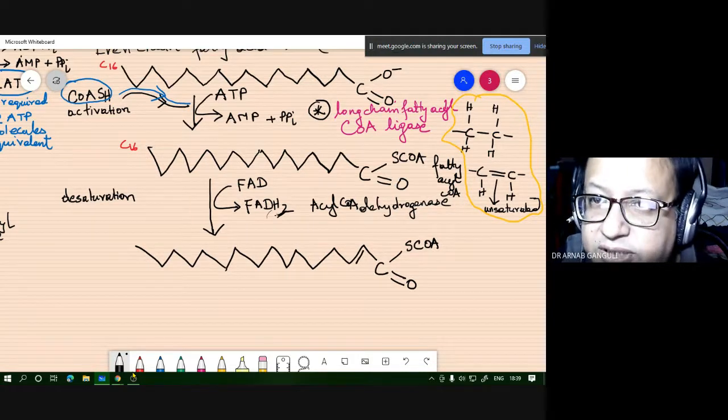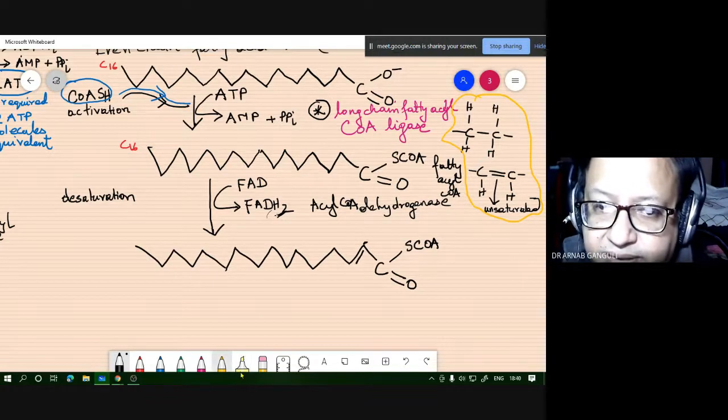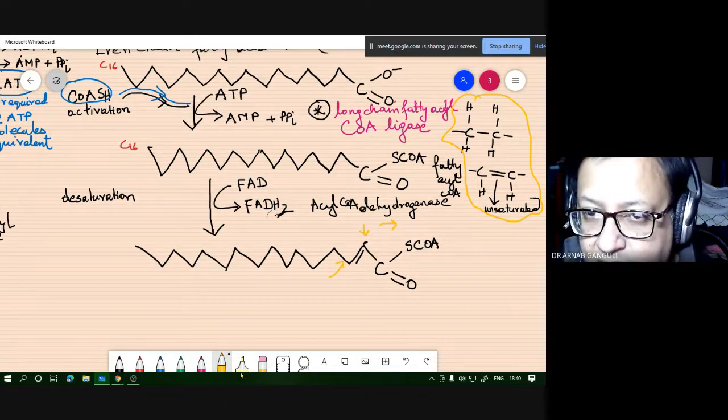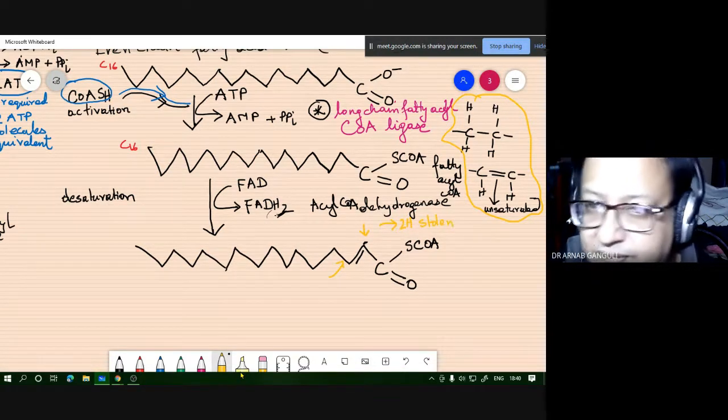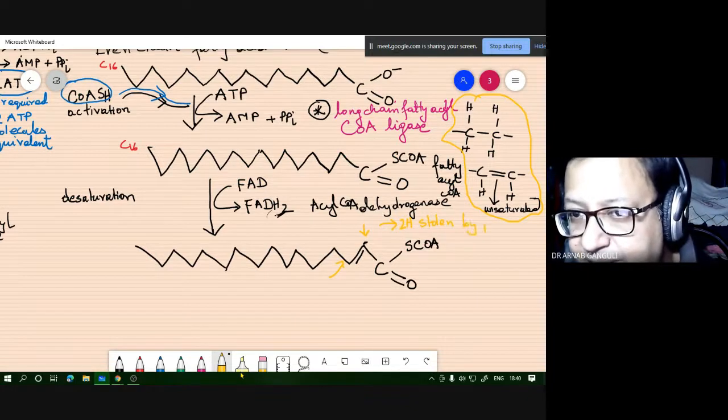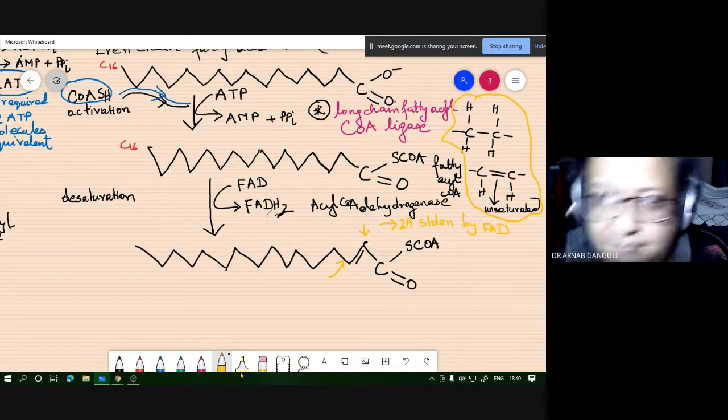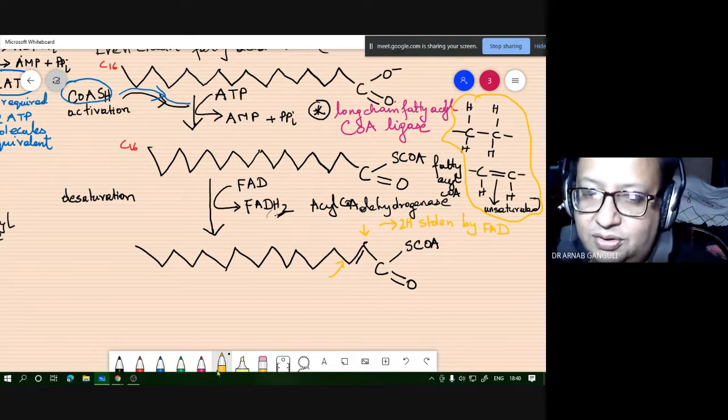The two hydrogens from between this carbon and this carbon are stolen by FAD. So when they go, a double bond forms.